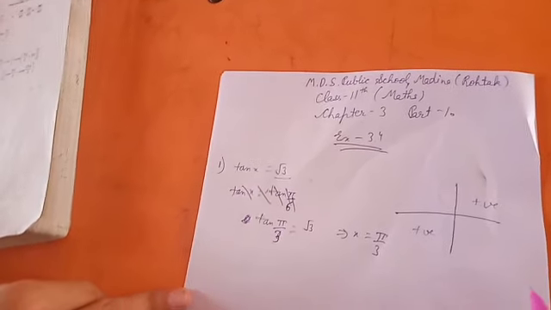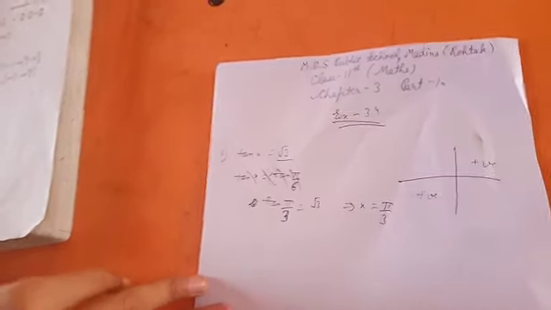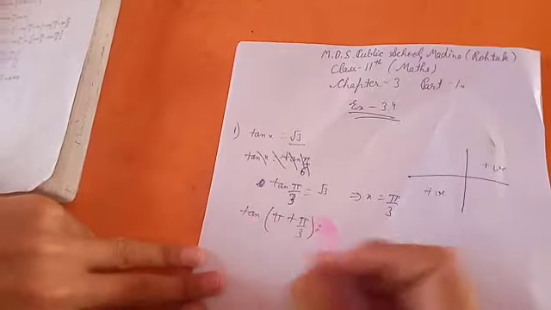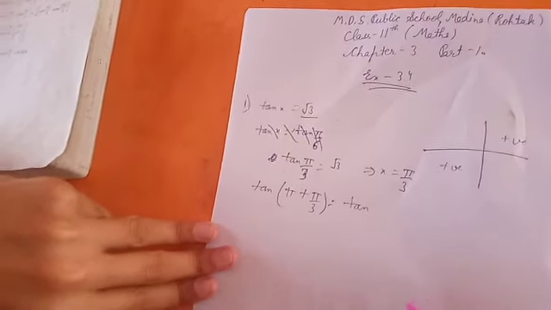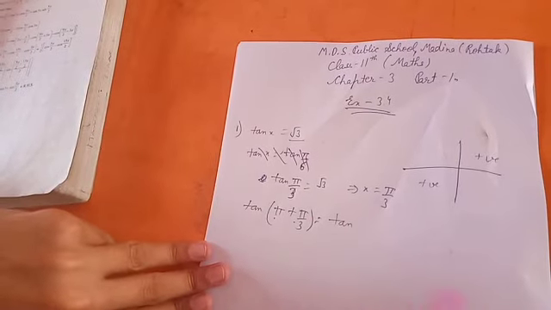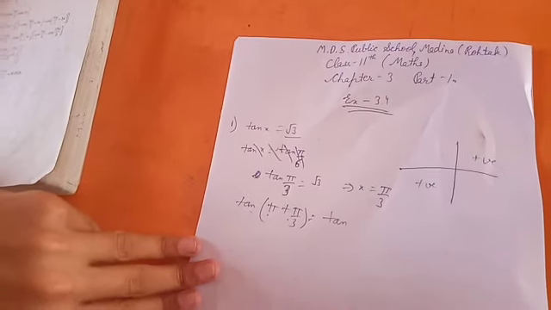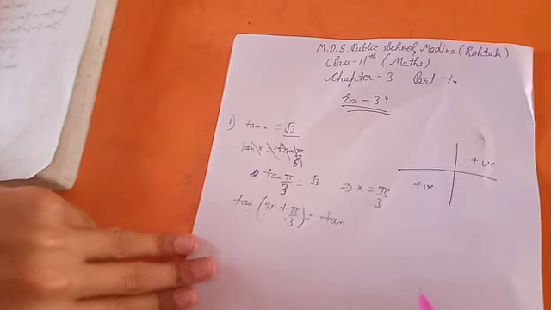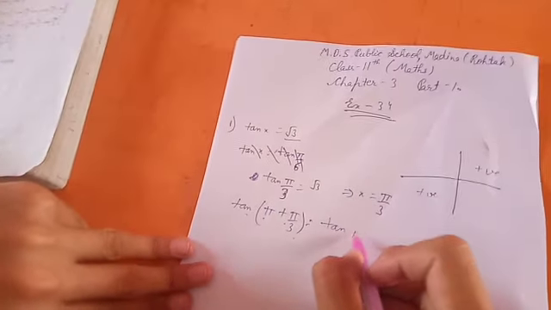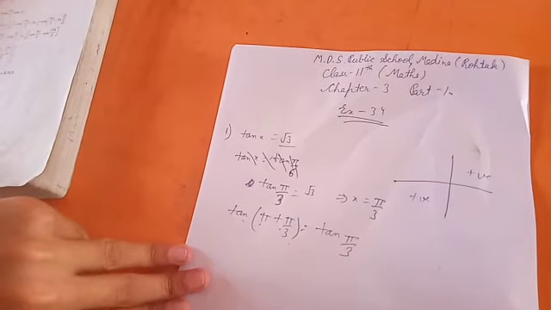Now in third quadrant, if we want to show this angle, then how we will show? We can write this as tangent of pi plus pi by 3. At pi, phase does not change, so it remains tangent. Pi plus something means third quadrant, and in third quadrant our tangent is positive, so it will remain positive. And tangent pi plus pi by 3 will be equal to tangent pi by 3.